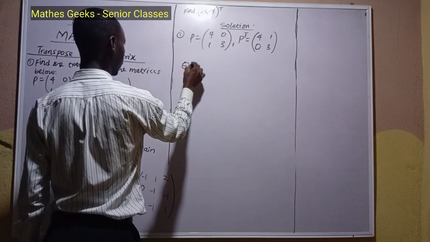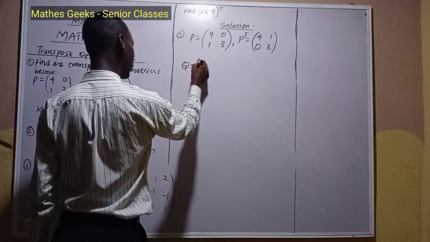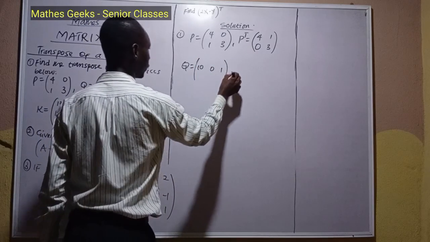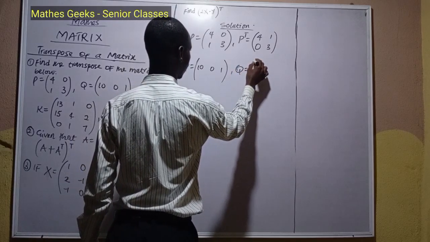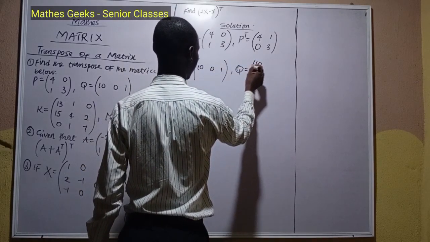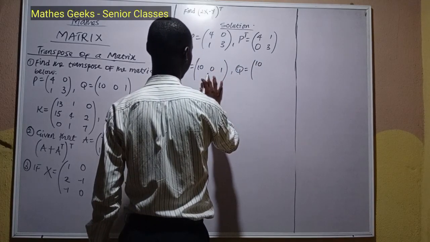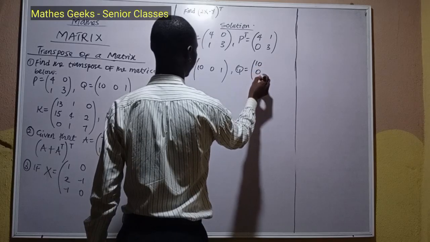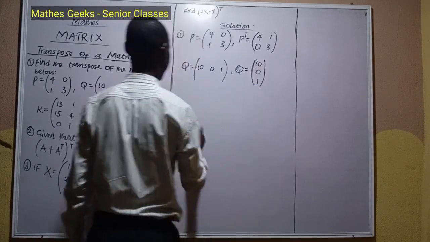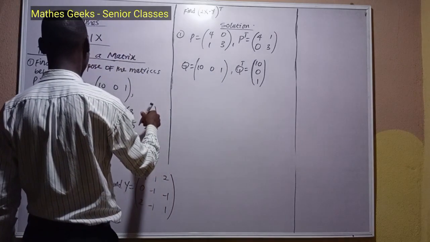Q is equal to 10, 0, 1. This is the row, so we turn it to a column, it's a row matrix. So in transposing it, we turn it to a column matrix. Q transpose.